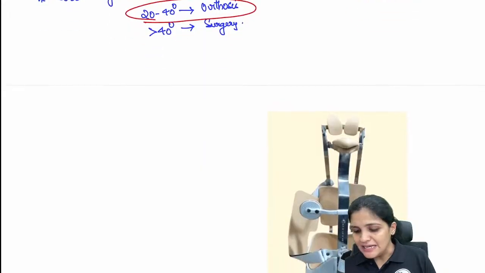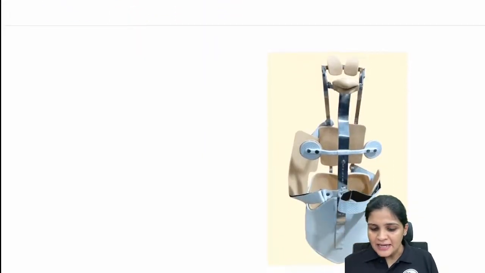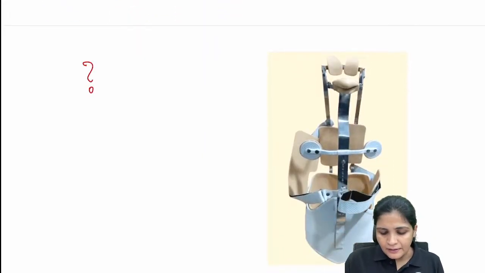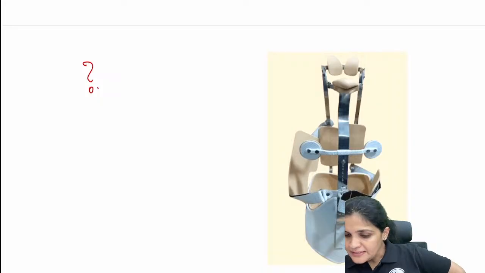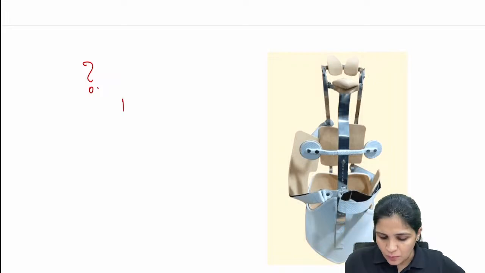Now this was asked in the exam. What is this? Identify this. Is this Milwaukee, Taylor's brace, or Boston brace? Which one is this? Very good, it is Milwaukee.